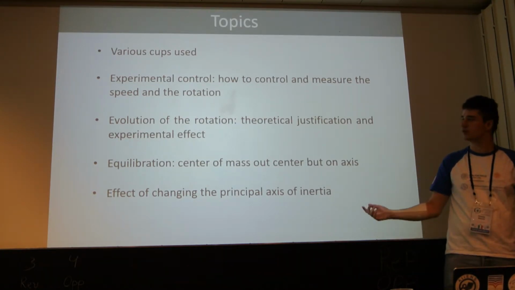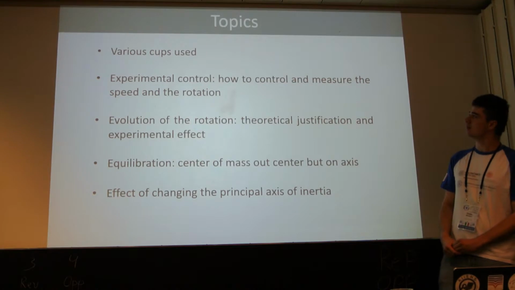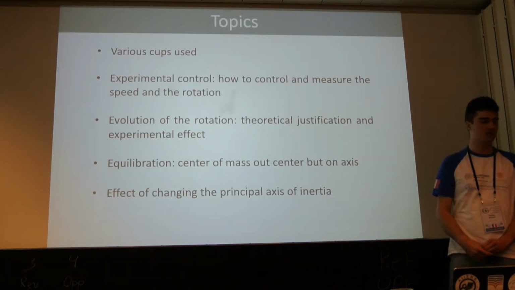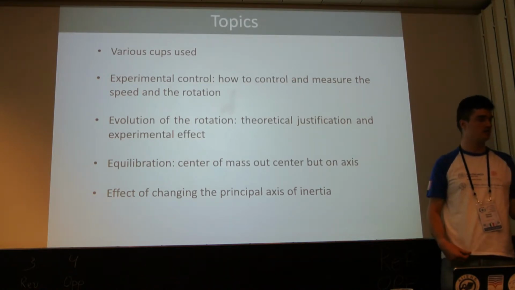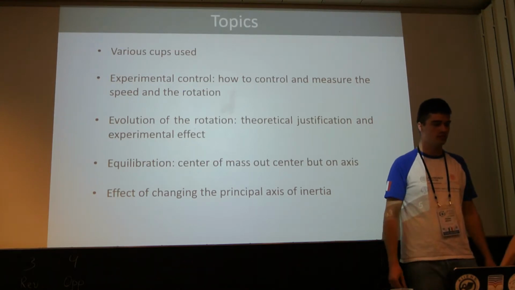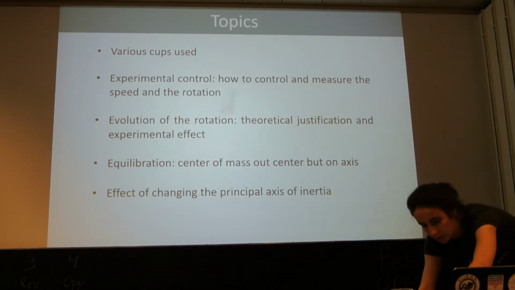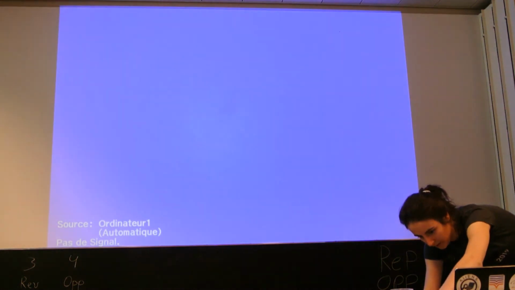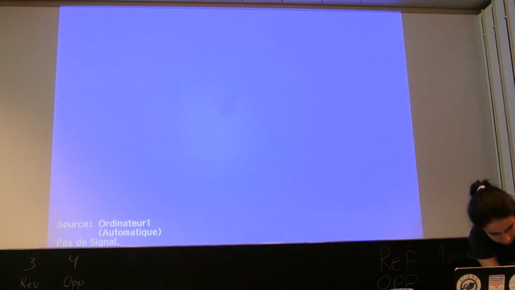Okay, so for the second question, did you manage to control reliably the initial speed given to the cup? Yes, so I can just switch back and show you what I meant.